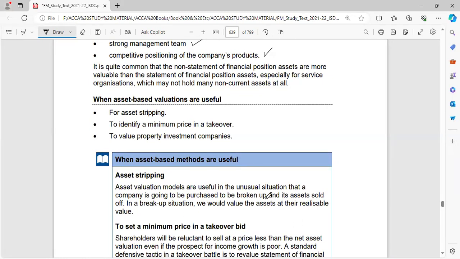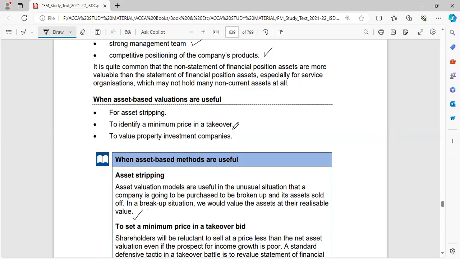This is called asset stripping. The company is going to be purchased and broken up, because we are expecting, as an acquirer, that we can sell the assets of this company at a higher price in comparison with the whole company.